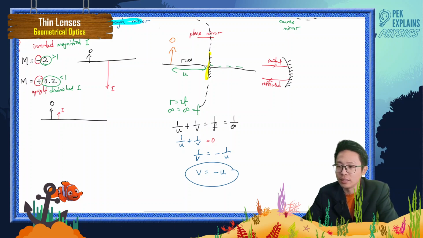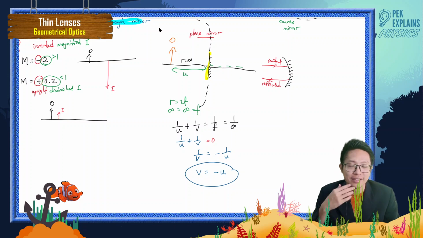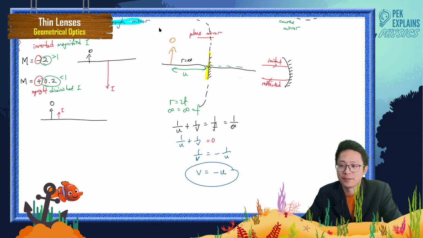And it is upright. The image in your mirror is upright, not inverted. Upright means it's a virtual image. It is a virtual, upright image of the same size.